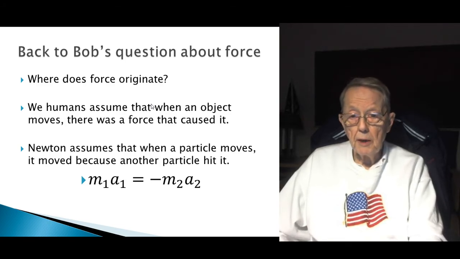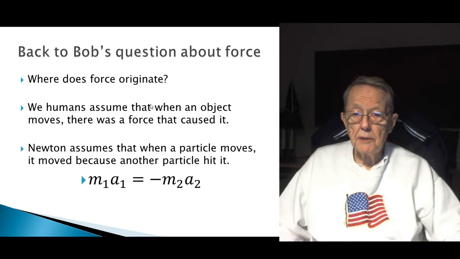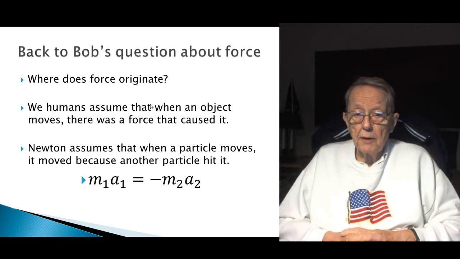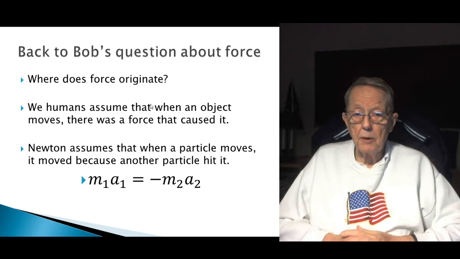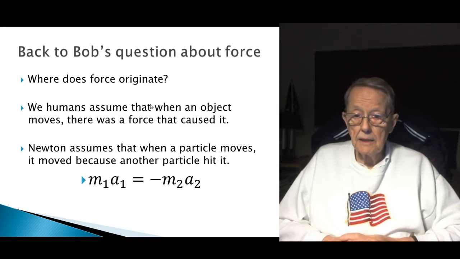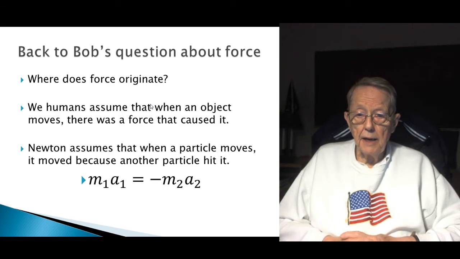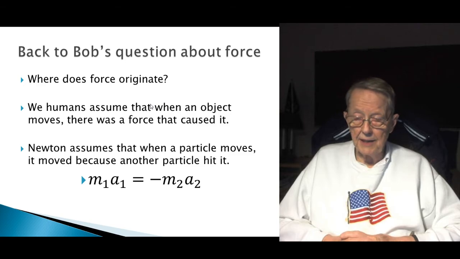But Newton, being the scientist that he was, gets down to the particle level and assumes that when a particle moves, it moved because another particle hit it. And he has this equation. Now, actually, he was trying to decide how to determine the value of mass when he did this.